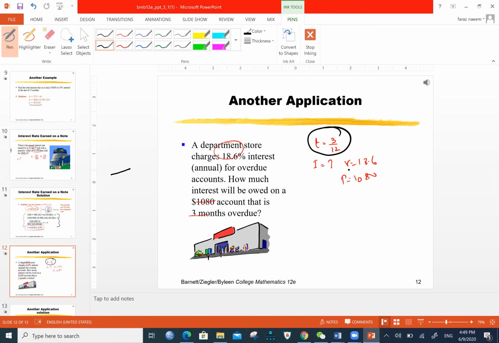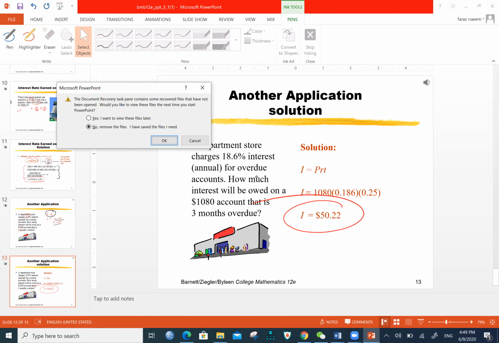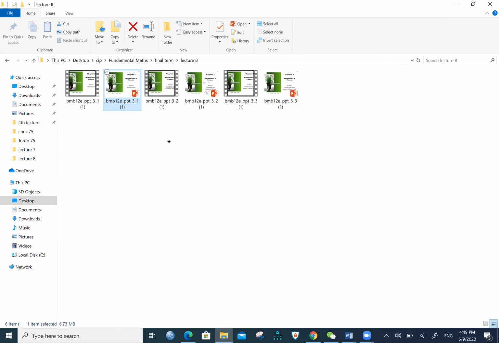R is 18%. P is 1,080. So you can simply substitute the values and you can get the interest. So simple interest is quite easy to calculate. Now we jump into compound interest.